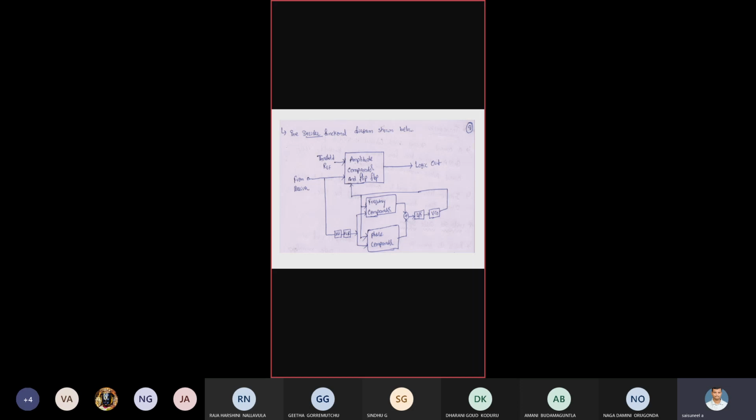Next, the receiving signal is also connected to a forwarding circuit, which connects to the frequency comparator and the phase comparator. What is meant by a frequency comparator?